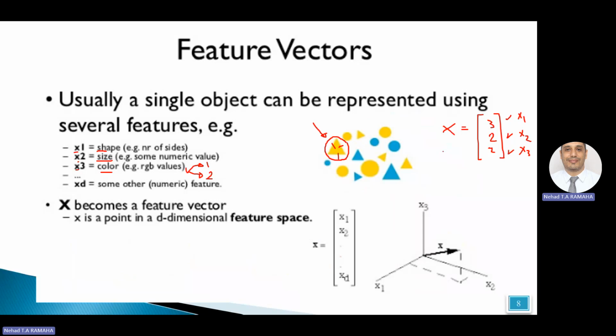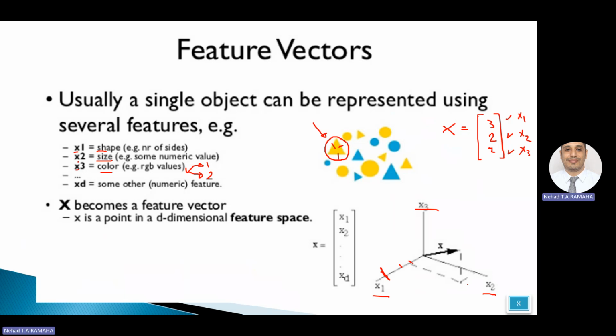So we have a 3D coordinate system because we have 3 features, X1, X2, X3. Let's see, X1 we have 3. So 1, 2, 3. So it's here, X1.